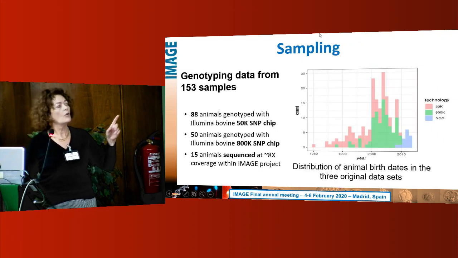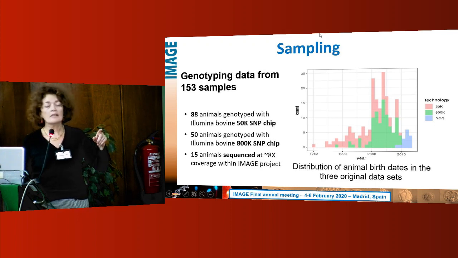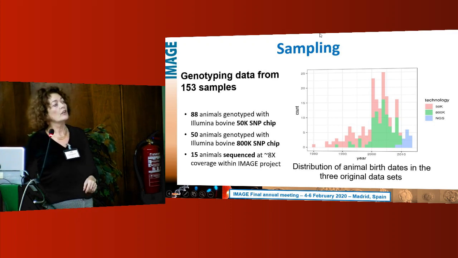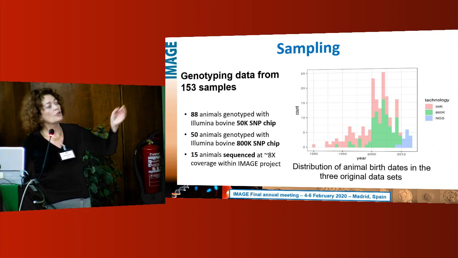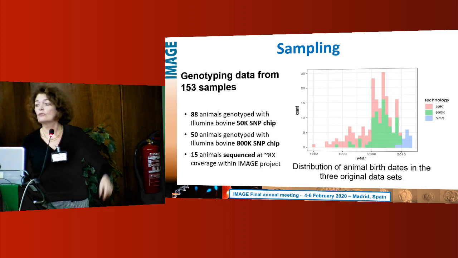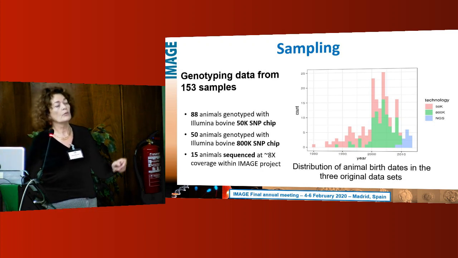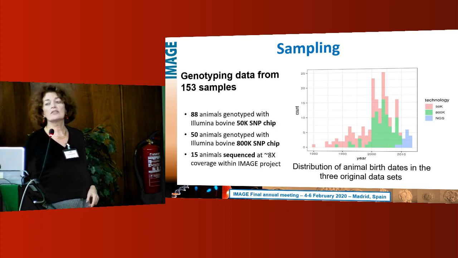Here you see the samples according to the birth dates and to the type of genotyping. Of course, the IMAGE animals are in the last 2 generations, and most of the first generations are covered by the Affymetrix medium density chip.